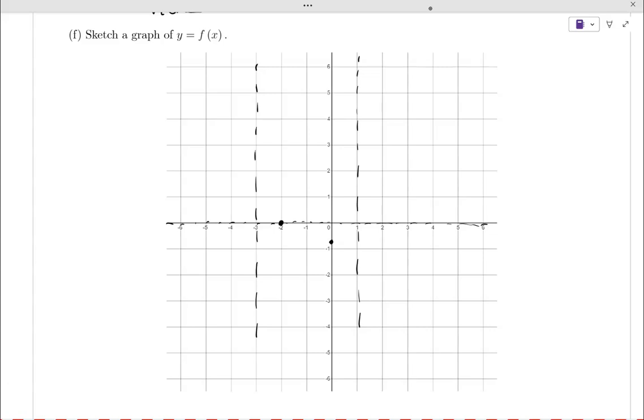It's either going to go top to bottom or bottom to top. And again, I got to go through these 2 points. So is it going to go top to bottom or bottom to top? Top to bottom. Good. So it has to go this way. Roughly. I missed the points too. But roughly, right? We're not going for perfect. We're just trying to use the pieces of information we have to get a rough sketch.